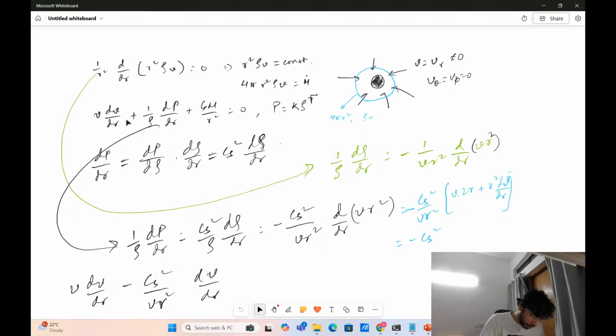Okay, let me write down the final expression first, and then see if this will reduce down to this thing.